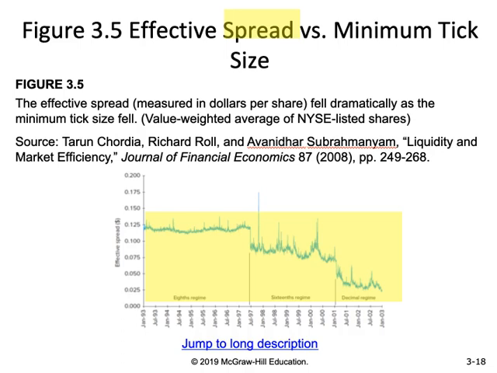The New York traded at 1/8, and then to a 1/16, and then down to the decimal. Spreads are profits to the dealer. You could also say that's transaction cost to the investor, and it fell each time the minimum tick size was reduced. So that was a positive for investors.